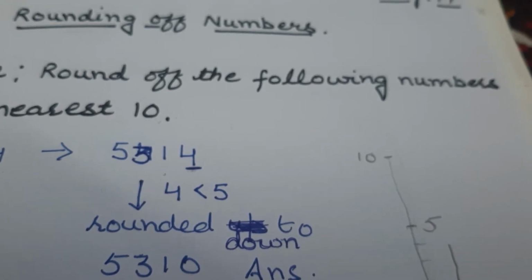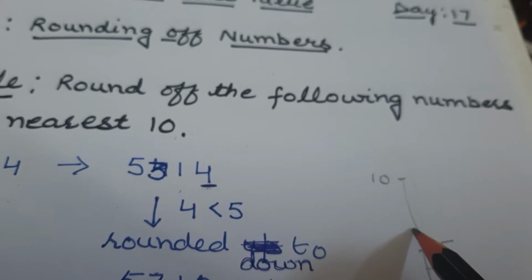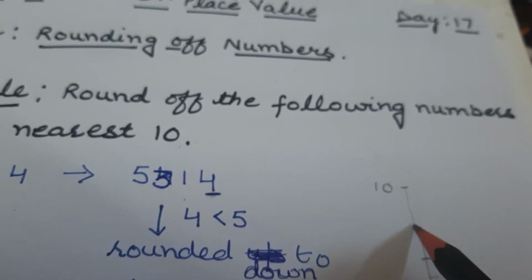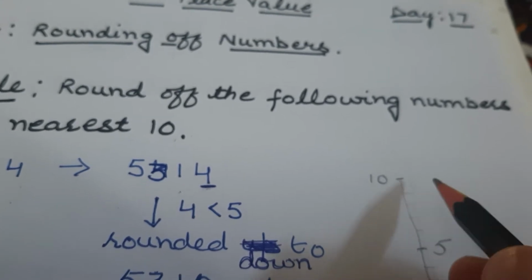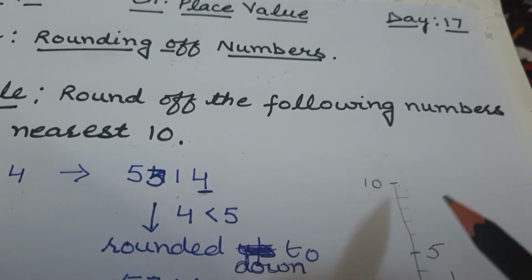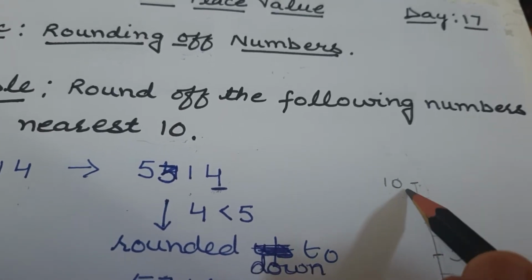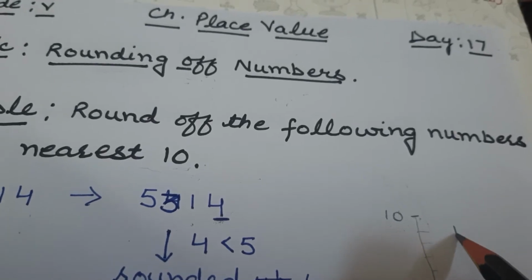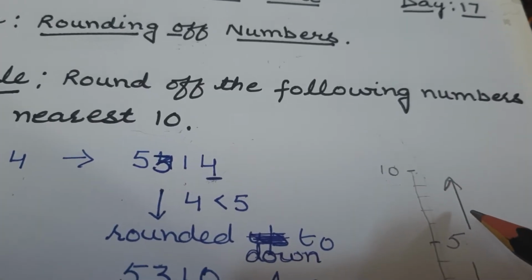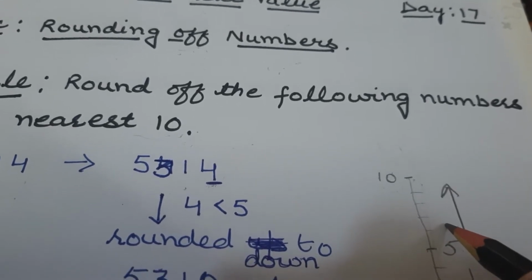But if the number is 5 or more than 5, more than 5 means 6, 7, 8, 9 and 10, then number is rounded up. Clear to all?